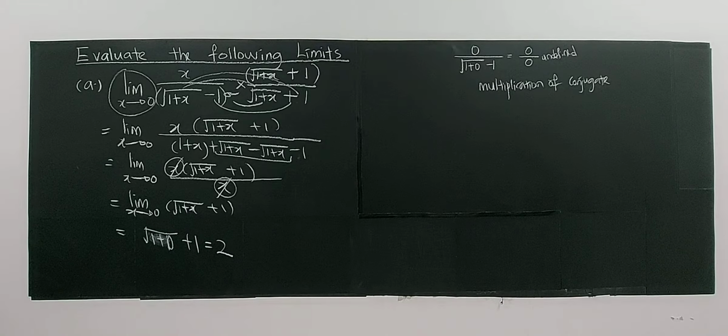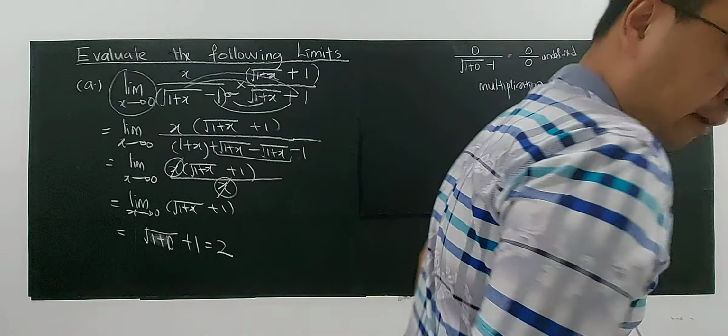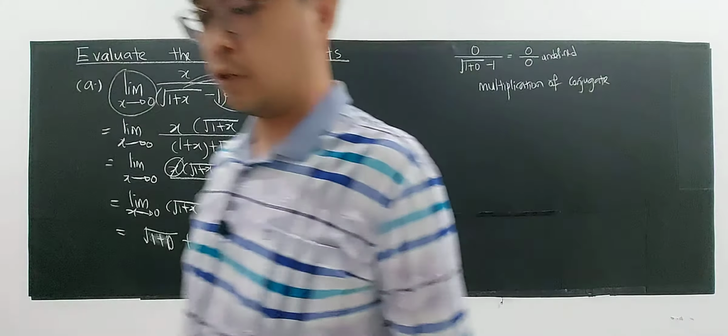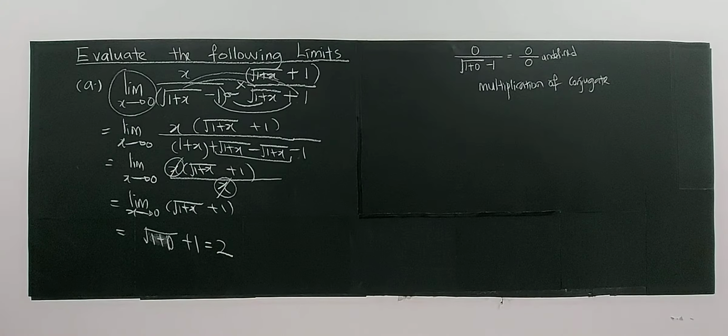All right, I will show you how to use the calculator in evaluating this type of limit. Let's say you want to check your answer and you don't know whether it is correct or not.